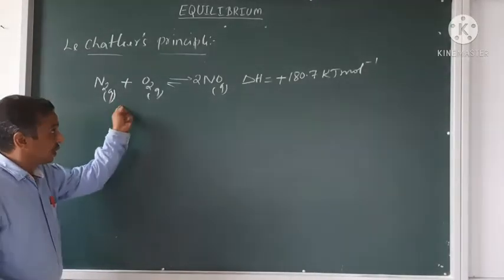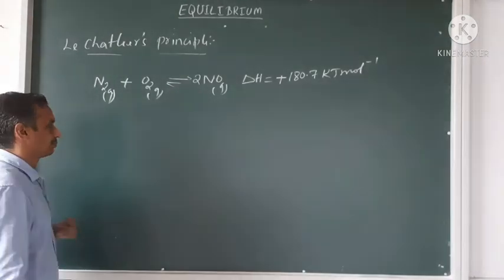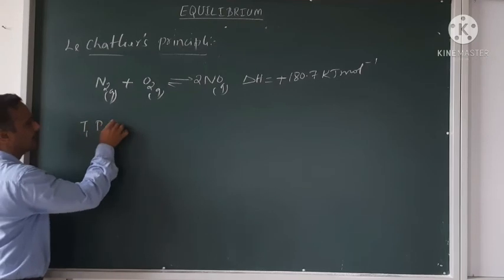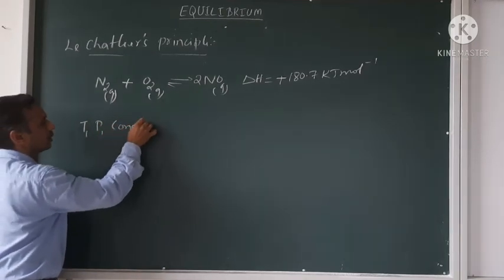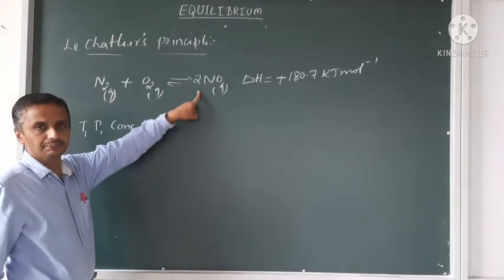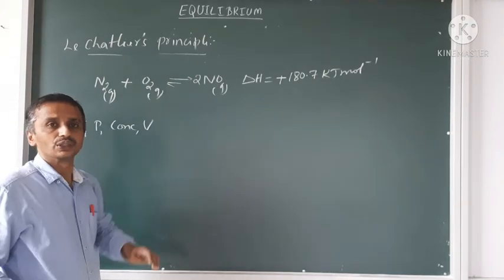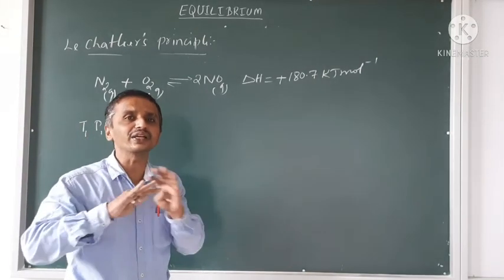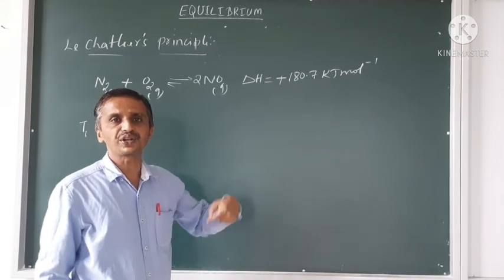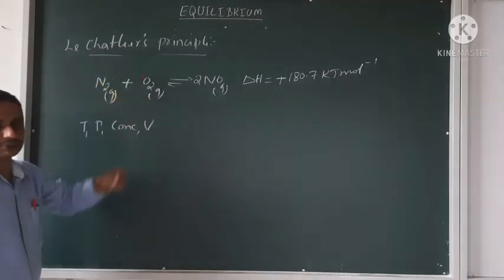If a constraint like temperature, pressure, concentration, or volume is applied to a system at equilibrium, what does the system try to do? The system tries to nullify that constraint by shifting the direction of equilibrium. That is called Le Chatelier's principle.